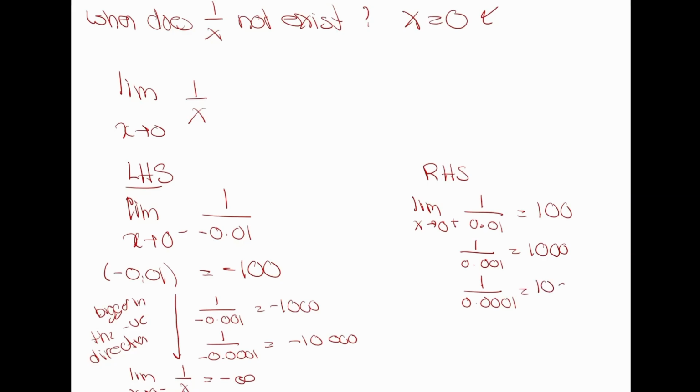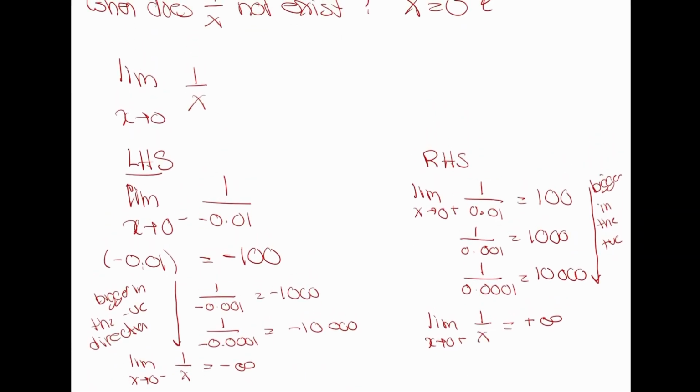Well, if you guessed 10,000, you would have been right. And we can see now that this is getting bigger in the positive direction. So that means that my limit as x approaches 0 from the right-hand side of 1 over x is going to be equal to positive infinity.